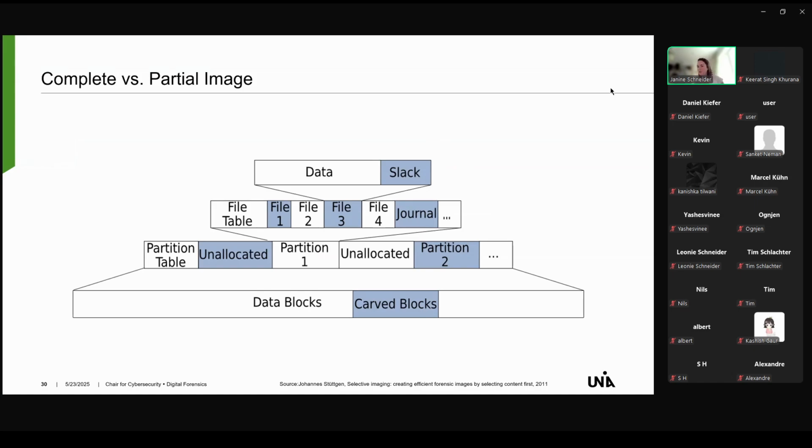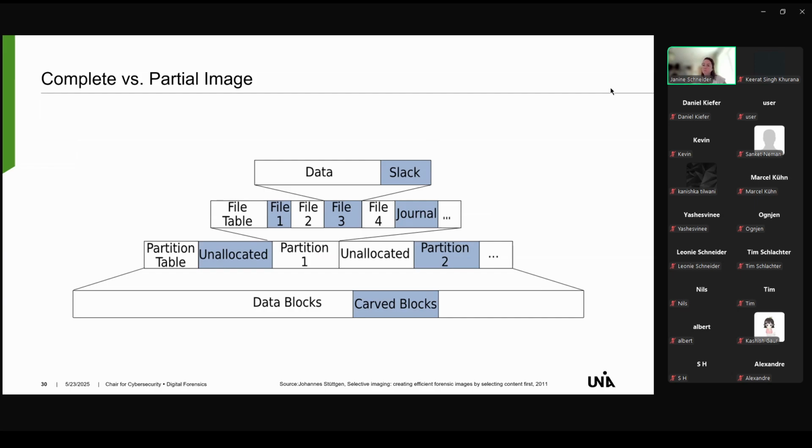So the standard procedure so far is to copy every sector of a disk. But as I said, with growing amounts of data, it's difficult to do that. So what is usually done, or what was done, is to read the original disk block by block and copy everything.